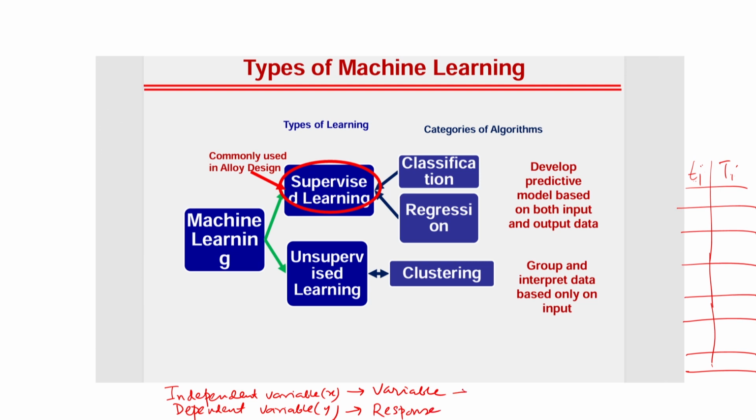You can also call this a label. There are different kinds of terminologies used. So, in case of supervised learning, you have both the data available with you, both the input variable as well as the output variable. So, therefore, it is easy to develop a predictive model. Regression is one such predictive model, classification is another such predictive model.